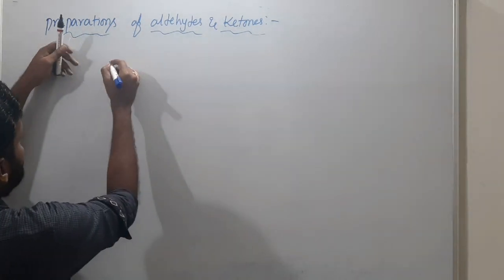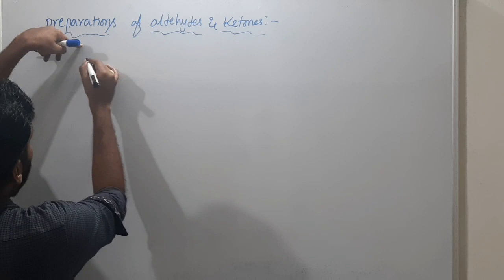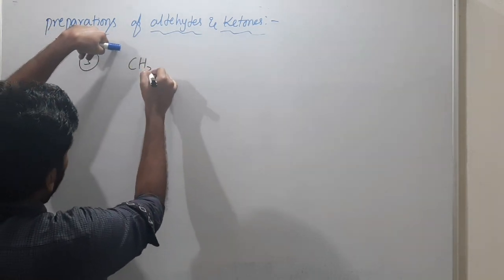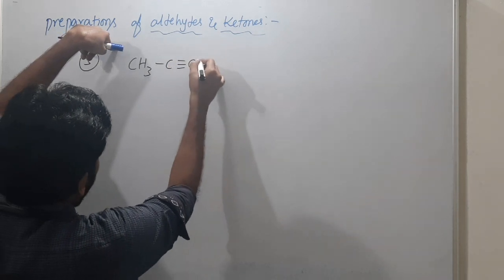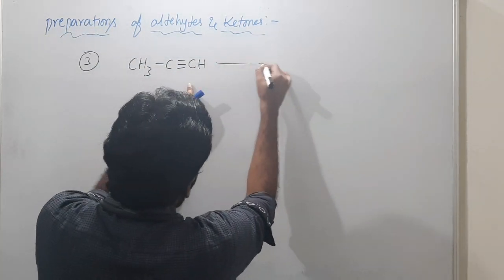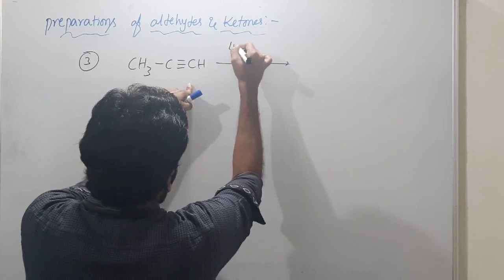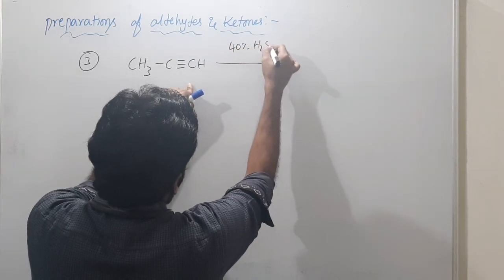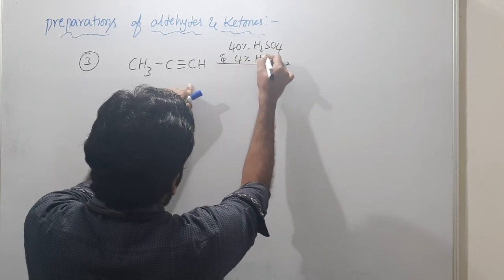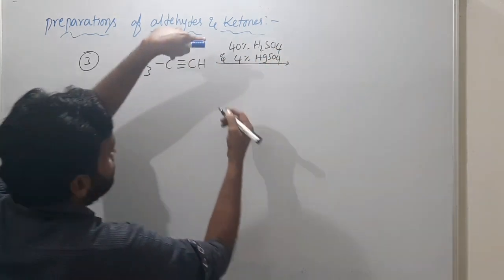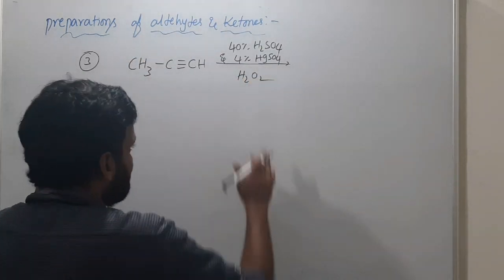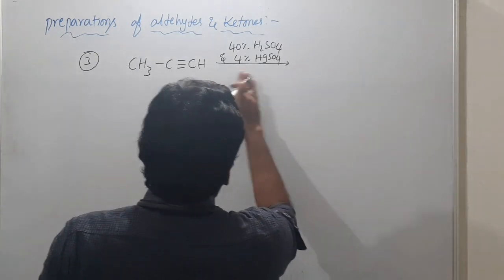So the hydrolysis reaction only I will give now, and the fourth one, the third one itself. But according to the anti-Markovnikov rule, how the product will form, I will tell you now. See, this is given like this, and 40% H2SO4 is given, and 4% HgSO4 is given, and along with that hydrogen peroxide is given.